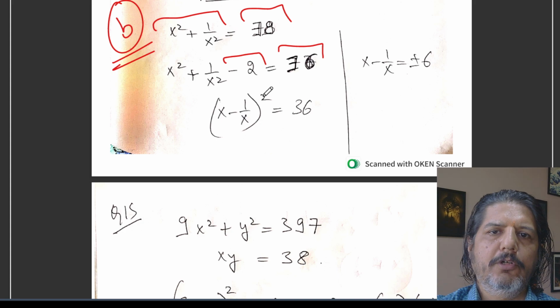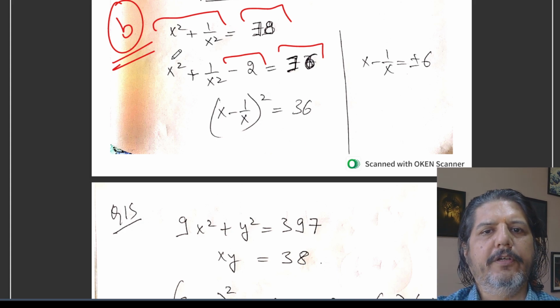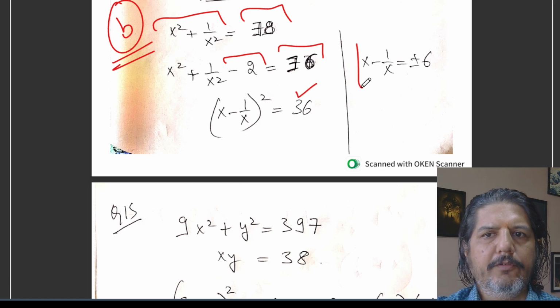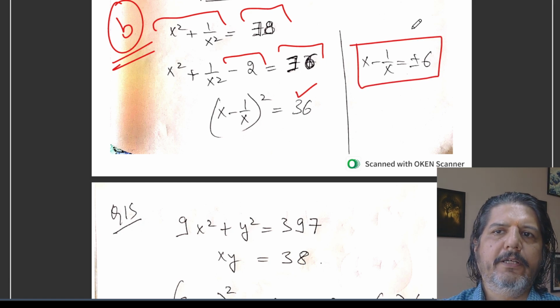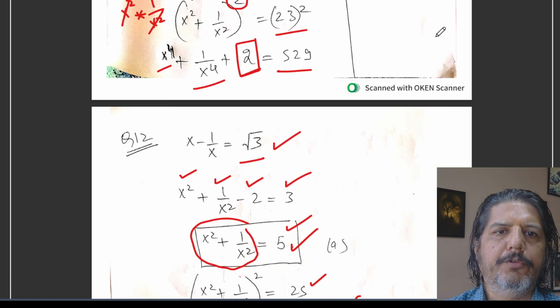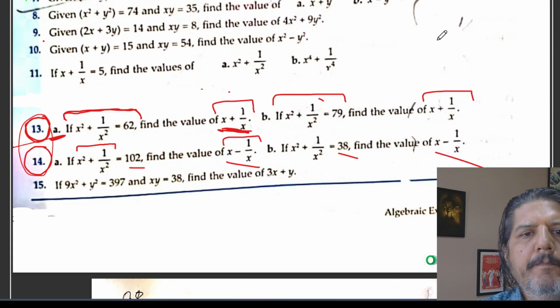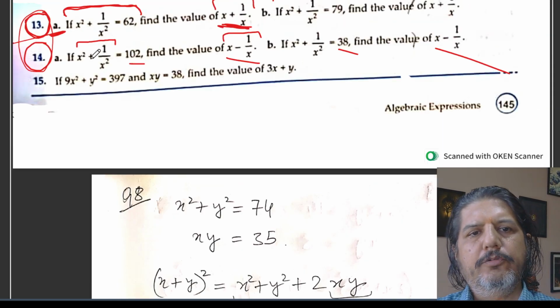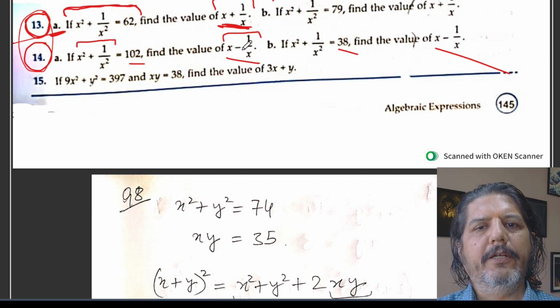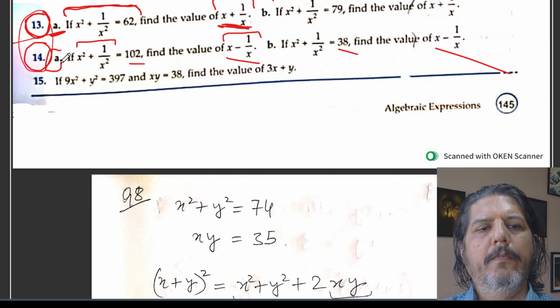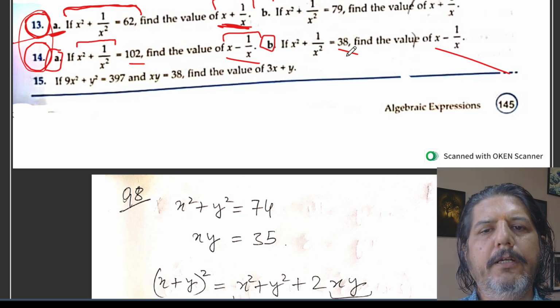So x minus 1 upon x whole square, because this is the expansion of x minus 1 upon x whole square, would be equal to 36. And x minus 1 upon x would be equal to plus minus 6, and that is what is required in the question. So in question number 14, x square plus 1 upon x square 102 is the part A, and x square plus 1 upon x square 38 is the part B. So this is how these kind of questions are done.